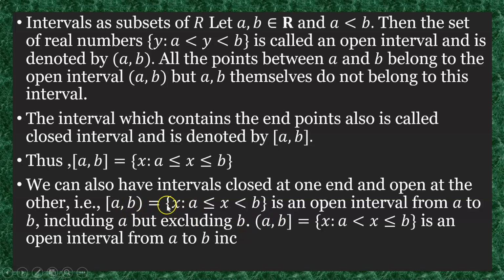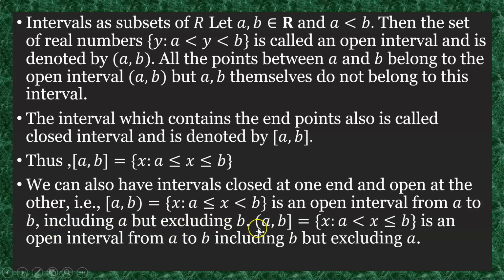This can be written as the interval [A, B) = {X such that X lies between A and B, or X equals A}, an interval from A to B, including A but excluding B.